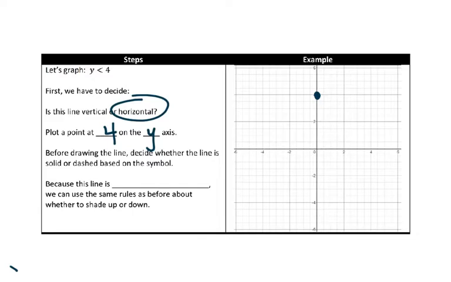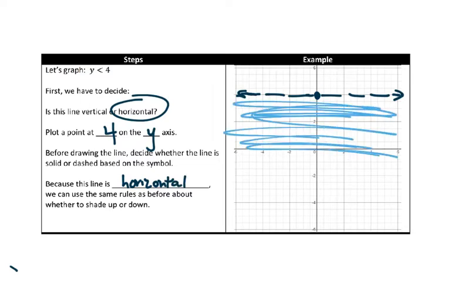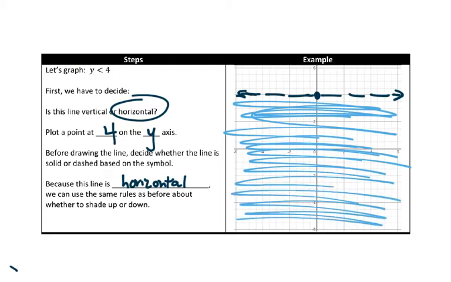It is a less than symbol, so it's not equal to, so it's dashed. Then we draw a horizontal line. Less than means we shade down, so everything under this line is part of our solution set.